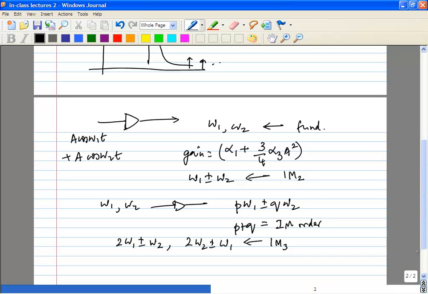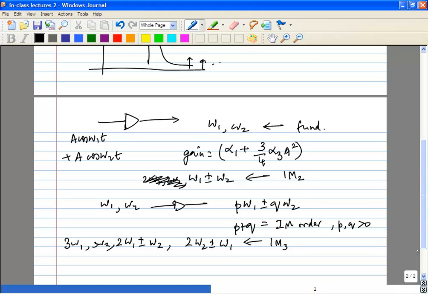And of course, by the way, I also forgot, you also have, of course, right? And here similarly you have 3 omega 1, 3 omega 2. These are also intermodulation products, except they are actually harmonics, so they wouldn't officially come under intermodulation products. I should be a little bit careful in my definition, so let's define it slightly differently.